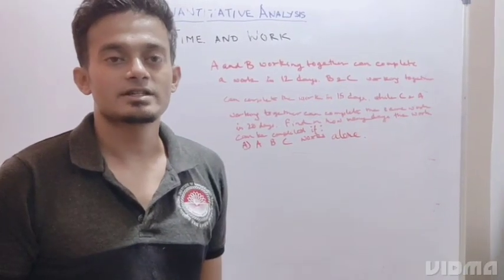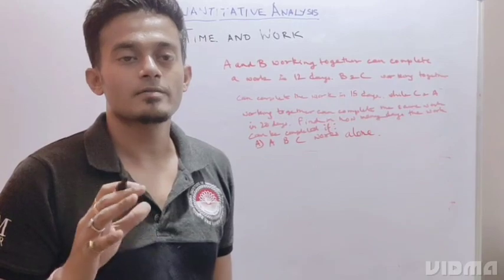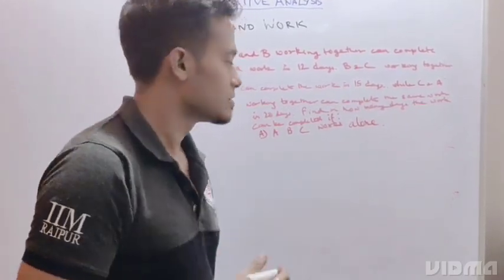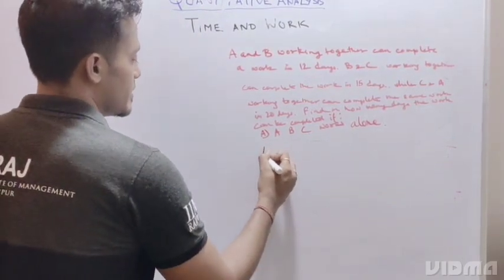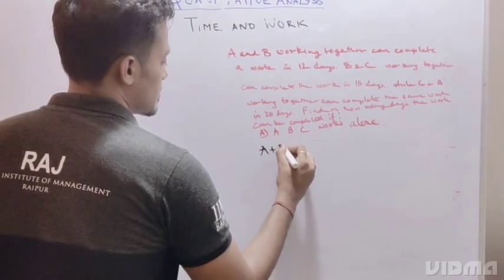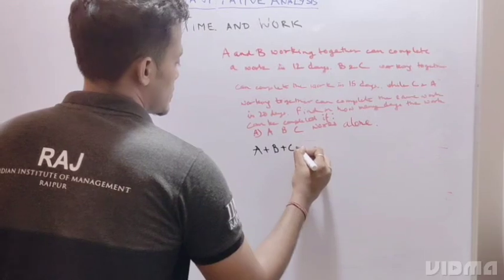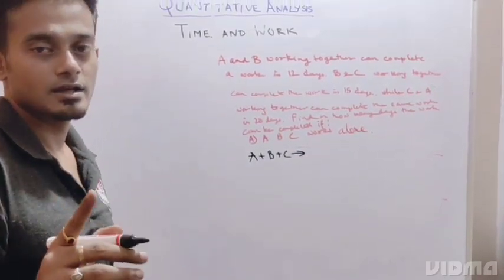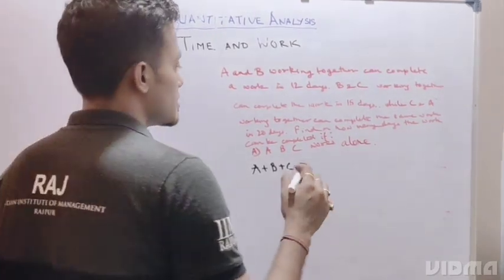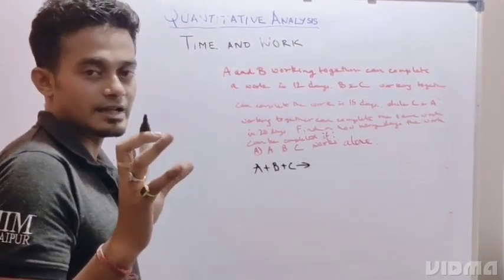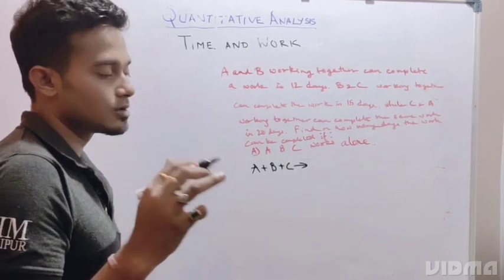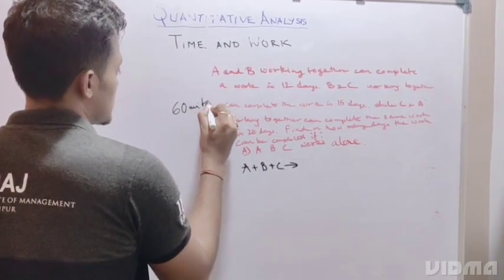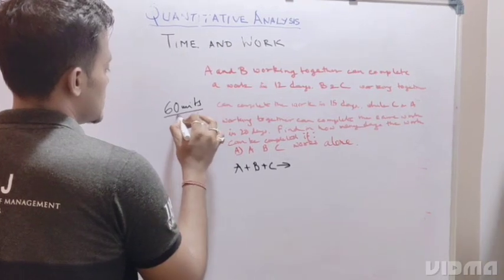So in this question we are going to use data from our previous question, the question we did before. So A plus B plus C would do how much work in a day? They'll need 10 days to complete the whole work. 60 units of work was done in 10 days.